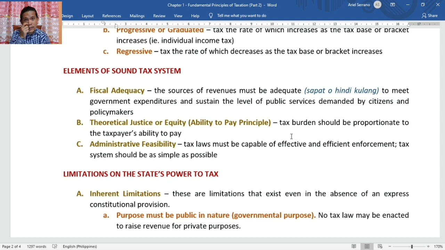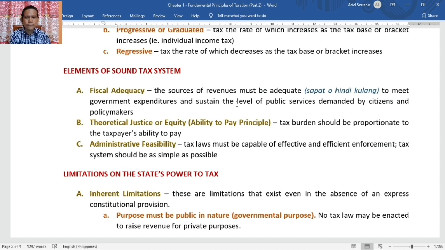It should be adequate. Hindi dapat siya nagkukulang para tustusan ang mga pangangailangan ng gobyerno. So, dapat adequate. Para syempre masustain yung mga level of activities ng government, kailangan merong pantustos yun at kinakailangang sapat yon.